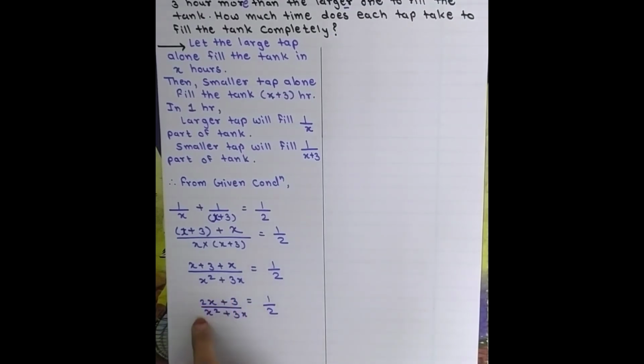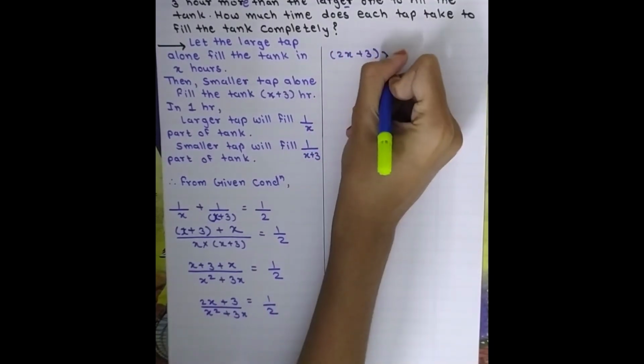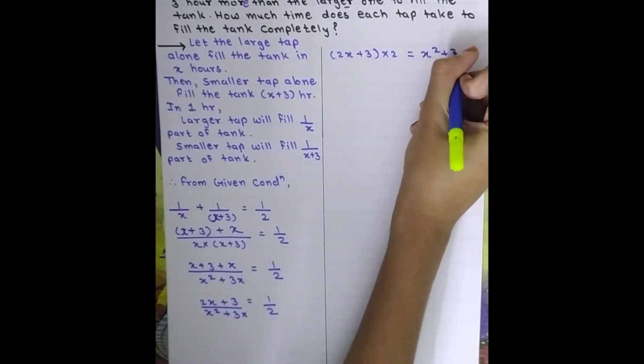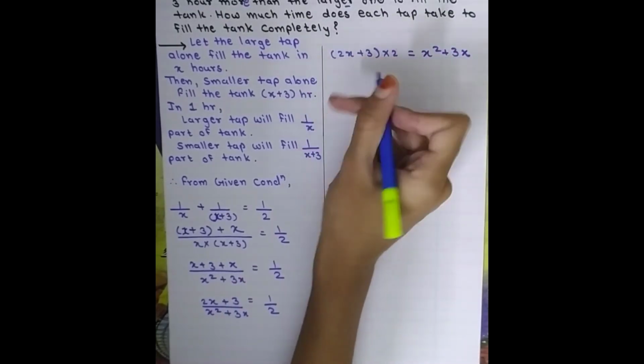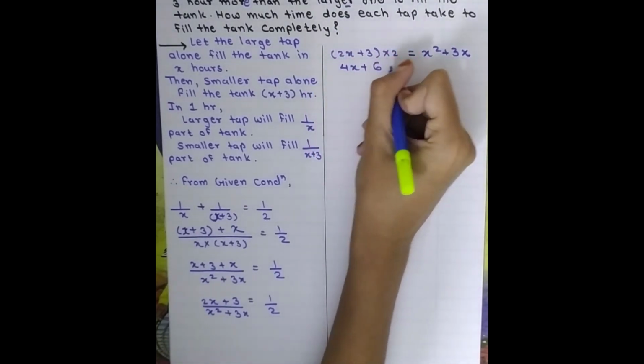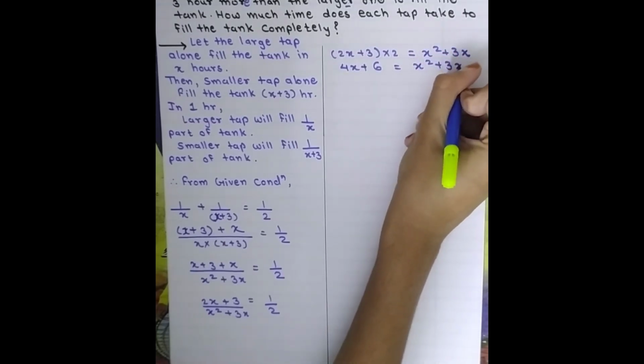Now here again do cross multiplication. So 2x plus 3 multiplied by 2 is equal to x square plus 3x. Now 2 into 2 is 4x plus 3 into 2 is 6 is equal to x square plus 3x.